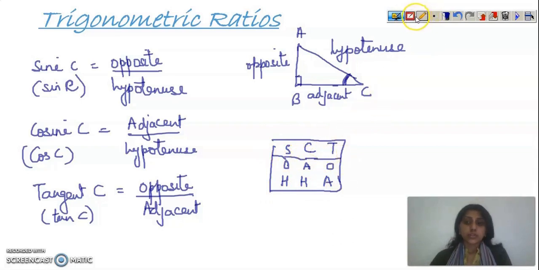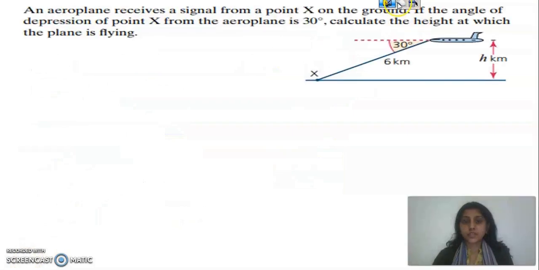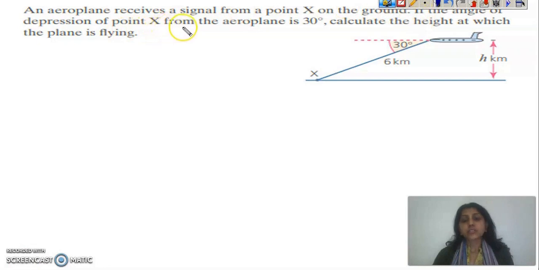Now let's move on to the application of these trigonometric ratios in the real world. So we have this problem. An aeroplane receives a signal from a point X on the ground. If the angle of depression of the point X from the aeroplane is 30 degrees, we have to find the height at which the plane is flying.